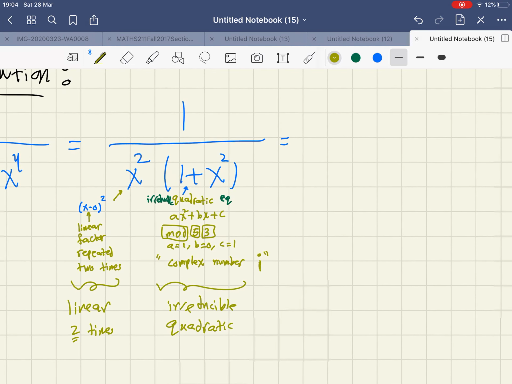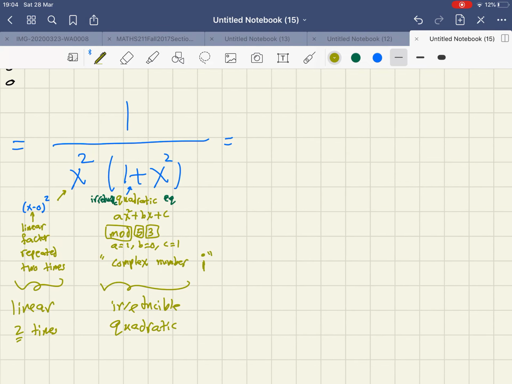How can we do partial fraction if we have a linear factor 2 times? Because we have 2 times, we have to write it 2 times. The first one, you have to write it as only x, and the second one will be x squared. That's how we do it. Because it's repeated 2 times, we have to write it 2 times, but the power will be increasing 1 by 1.